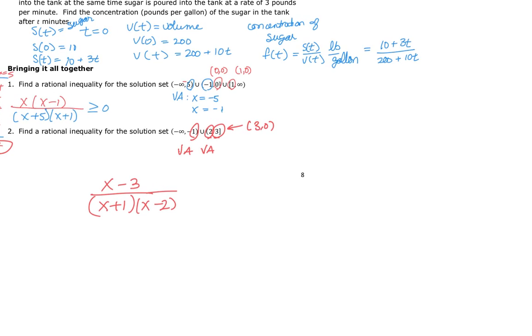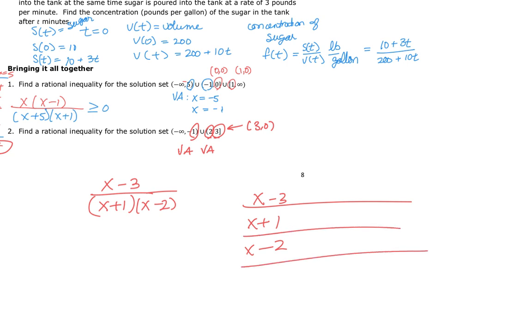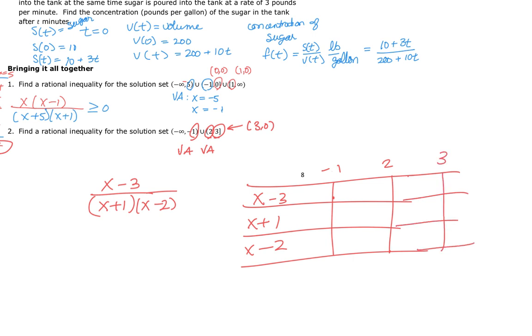So let me do the sign chart. So x minus 3, x plus 1, x minus 2. My points of interest are -1, 2, and 3. So let's choose something in this region. Can't be 0.